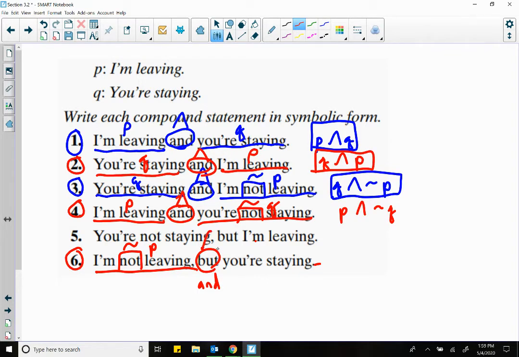So that's an and symbol, the rooftop. You're staying, that's Q. So this looks like negate P and Q. So that's why I threw this one at you, because of that word but. I need you to understand but and and are the same thing. All right, let's go do some more.